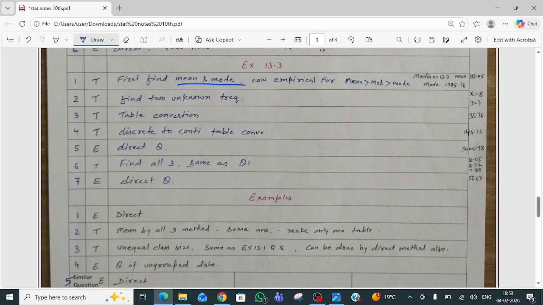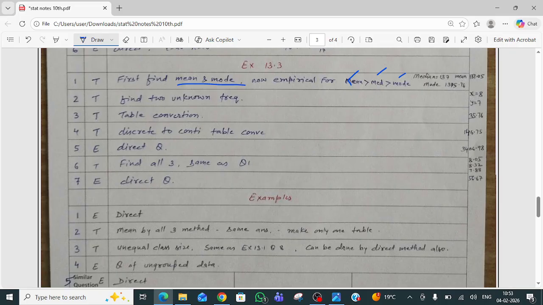First we'll find mean and mode using the empirical formula, and after that we'll find the median. Interpret the data again, compare the data. Compare the means, which is larger, which is smaller, that we will see.